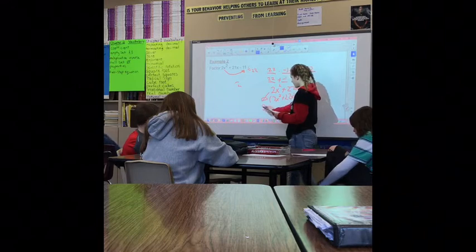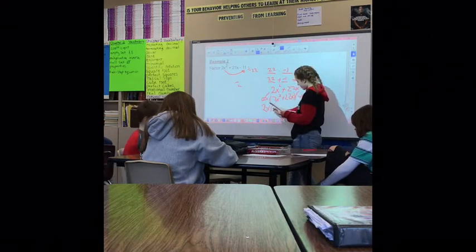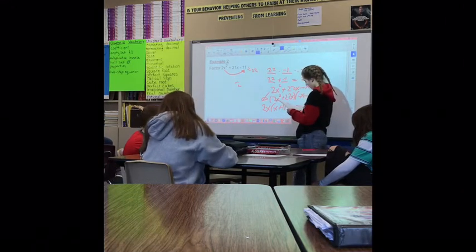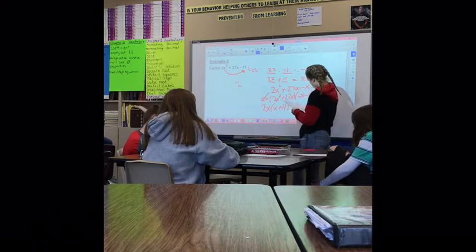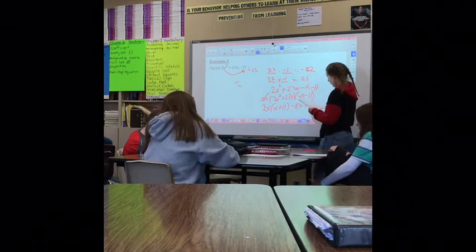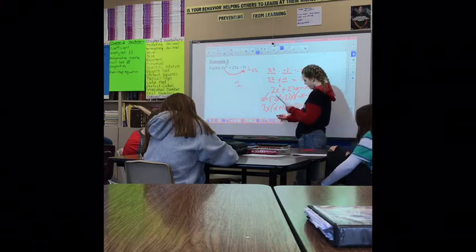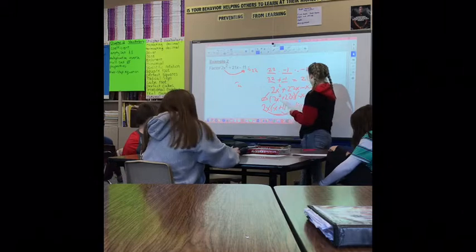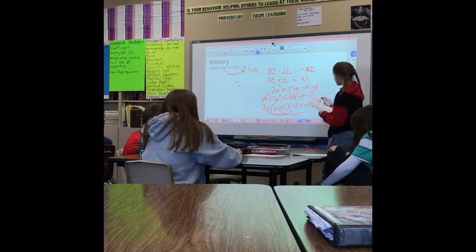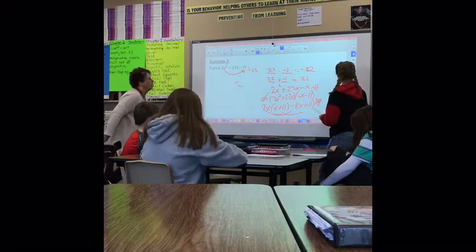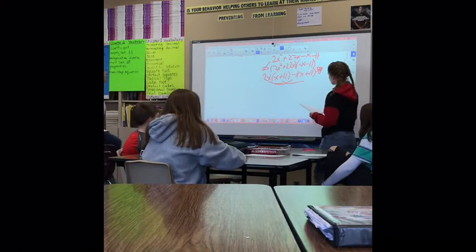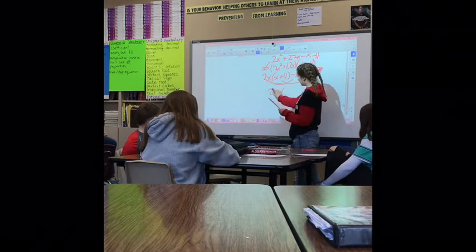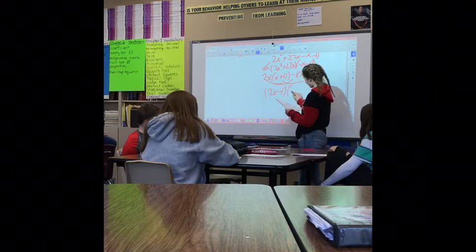You're taking out a common factor, sort of like when you simplify a fraction and you divide by a common factor. And then you take these two, and you make them its own little thing, and you put these two. Then it gives you 2x minus 1. Minus x.